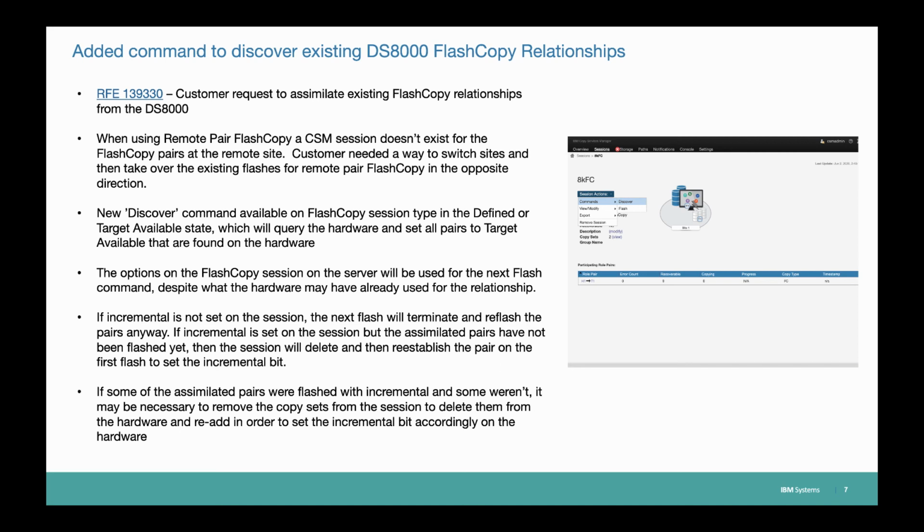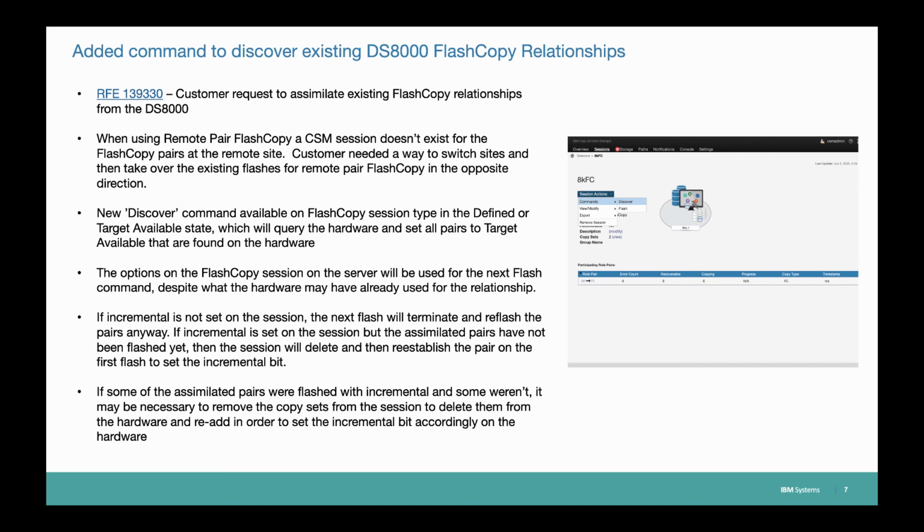Since CSM is session-based, we decided not to assimilate them, so if you flash, we will handle it. If there are relationships out there, we'll terminate and reflash them, but we won't be able to assimilate them and handle them as they were.